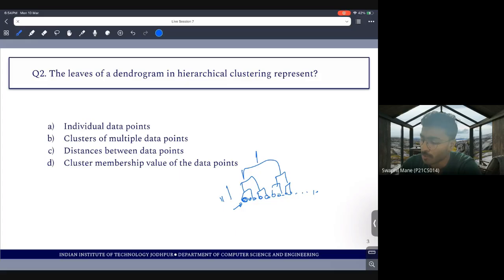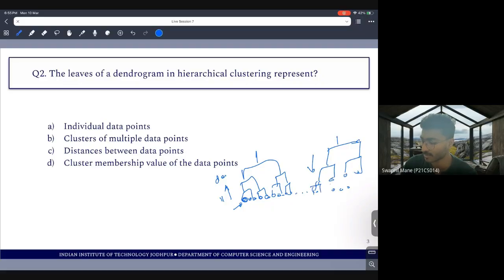So this is a bottom up approach. You are going from bottom to up. Another approach is a top down approach. This is a dendrogram. Firstly you consider all of these points as a single cluster, then you divide based on how close they are, and if they are furthest points, you divide in between.